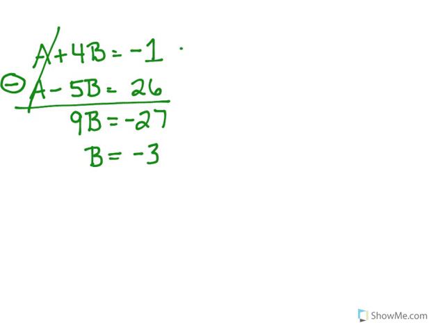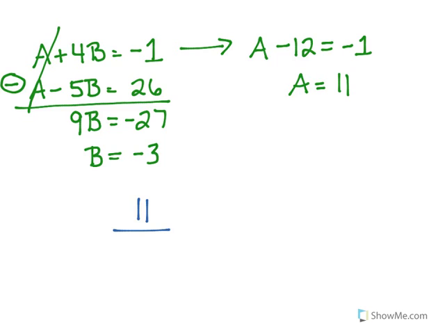And then if I go back up here, a plus 4 times negative 3, minus 12, equals negative 1. So a must equal 11. So that means that if I want to write my final answer, the a was an 11, and the factor beneath the a was 4x minus 5.